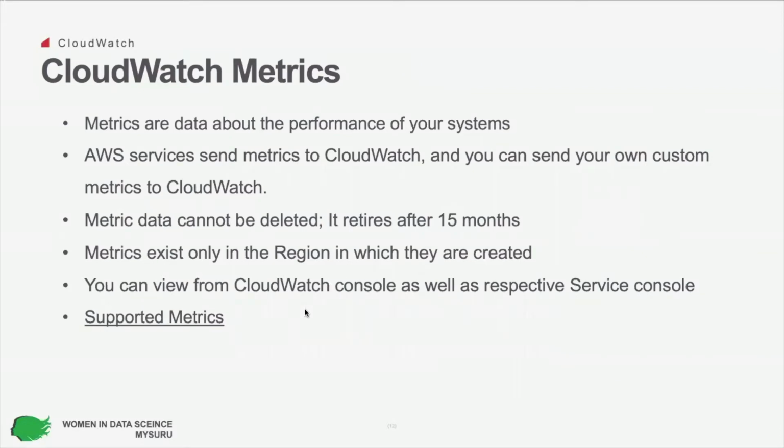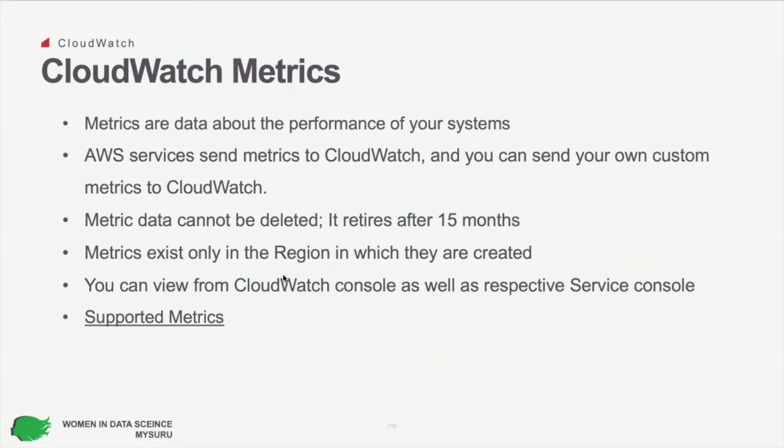These metrics cannot be deleted. They retire automatically after 15 months if no new data is published to them. So, wondering what if new data keeps coming in? The old data gets deleted on a rolling basis.